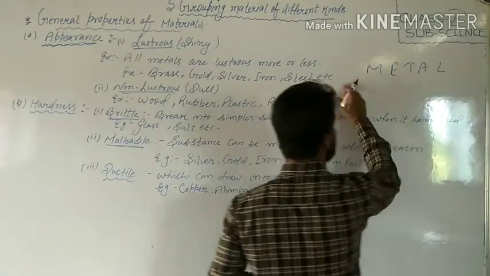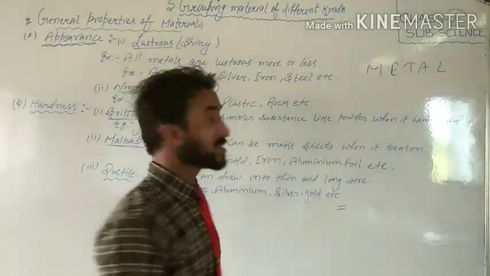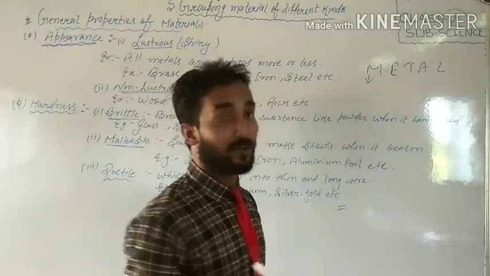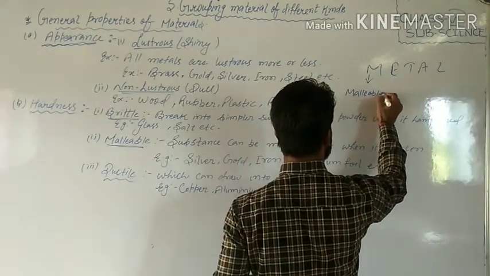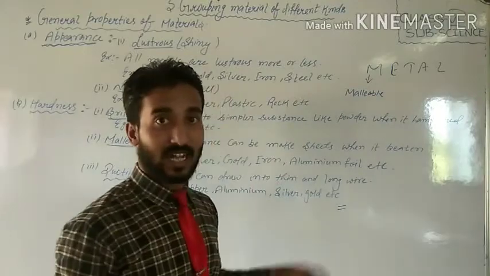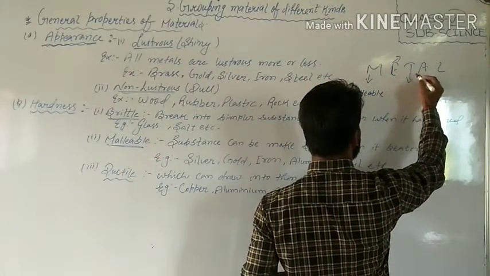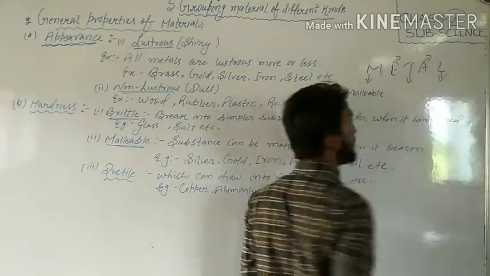These five letters each have their own meaning. M is for malleable, which we will study just after appearance. After that, E for elastic, T for tensile, A for alloy, and L for lustrous.